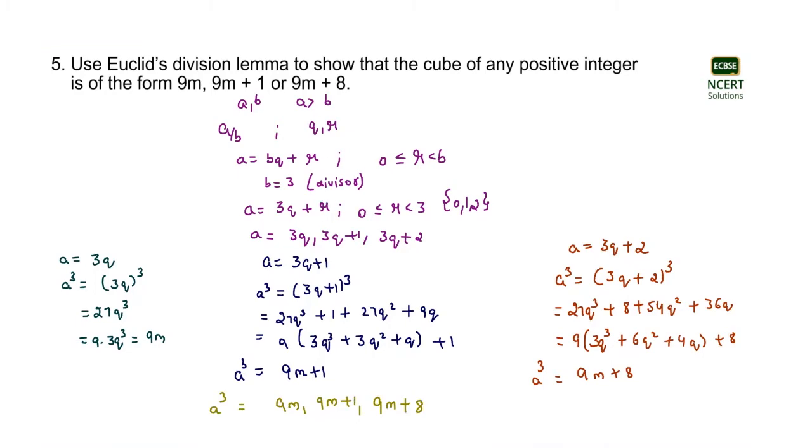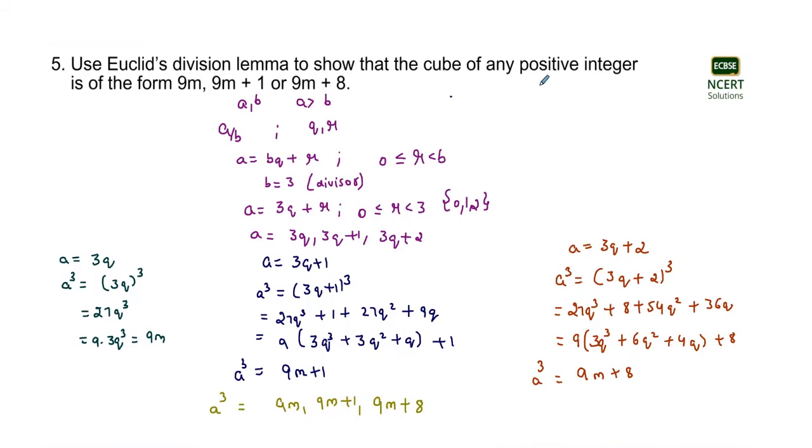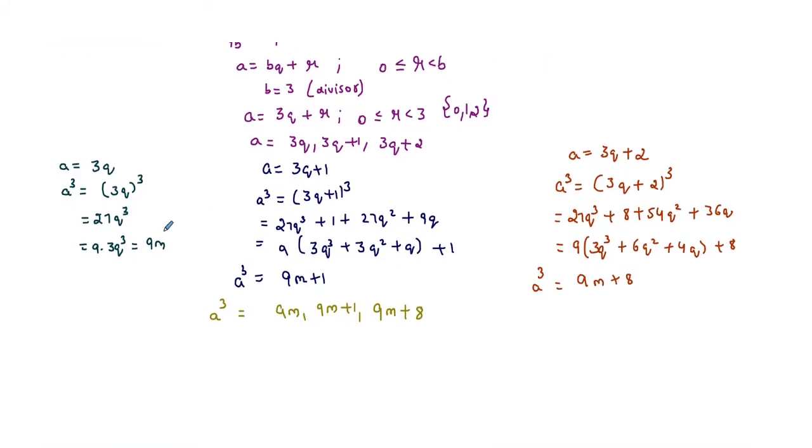Now let us verify the result which has been obtained, that whether or not the value of a on cubing will result in these three forms or some other forms also. For the verification, let us first take a equals 3. Then a cube will be equal to 3 cubed, which is 27, which can be written as 9 into 3, or 9m, where m is equal to 3.